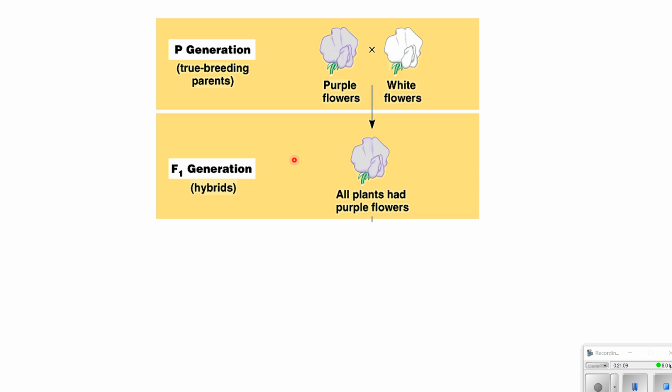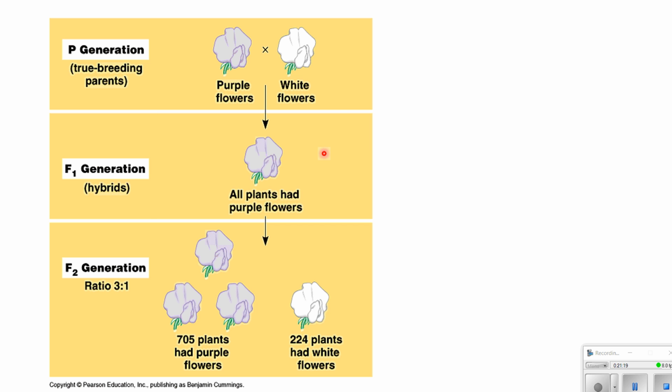Well, then it gets more interesting. Because what Mendel did next was he allowed these purple plants, these hybrid purple plants, to self-pollinate. And in the next generation, which is called the F2 generation, he got both purple and white flowered offspring.